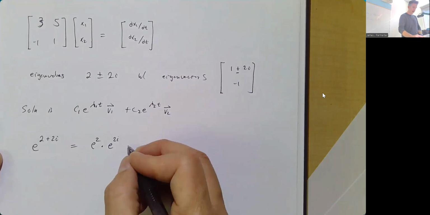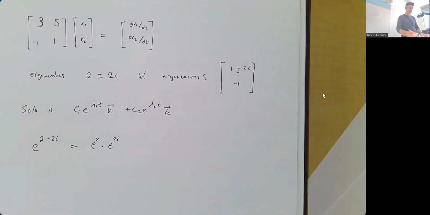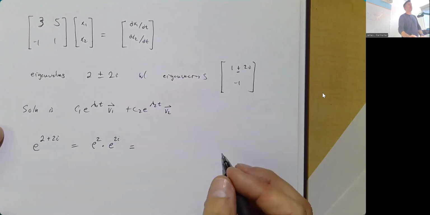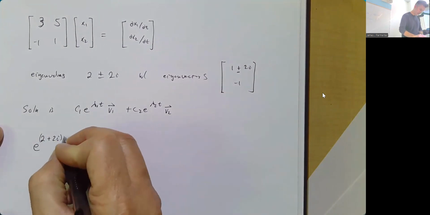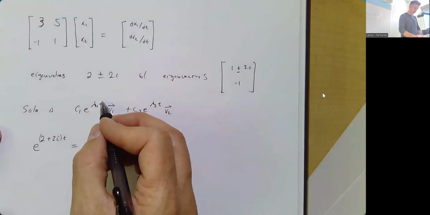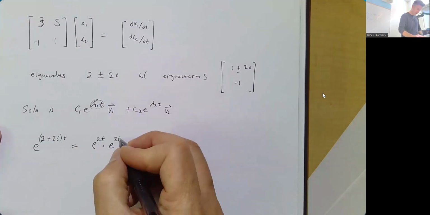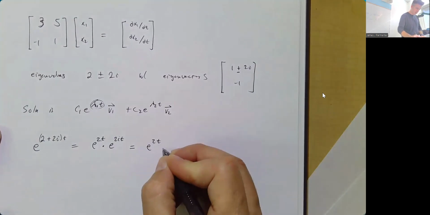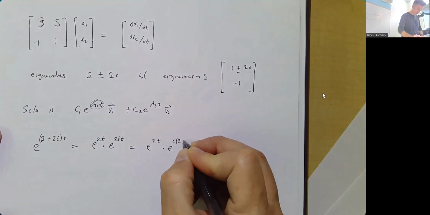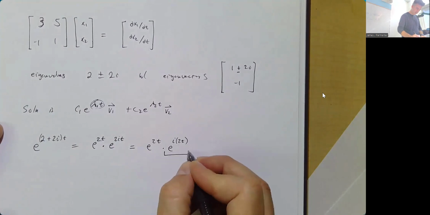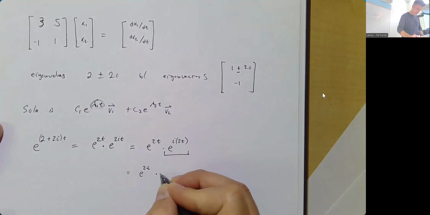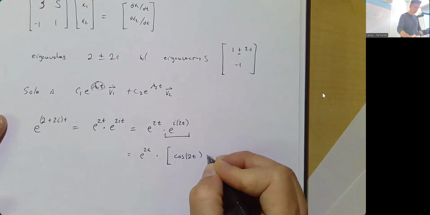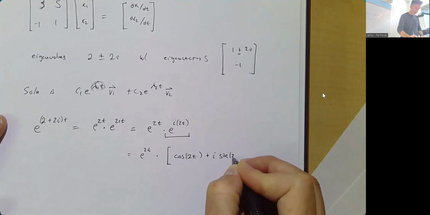Oh, sorry, I forgot the t. There should be a 2t and a 2it. This is going to equal e to the 2t times e to the i times 2t. And this is where things are kind of funky. It's going to be cosine of 2t plus i times sine of 2t.